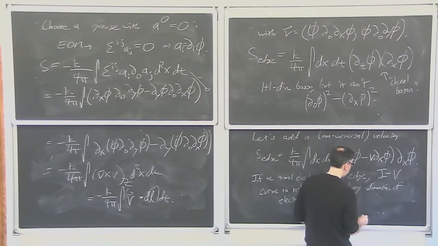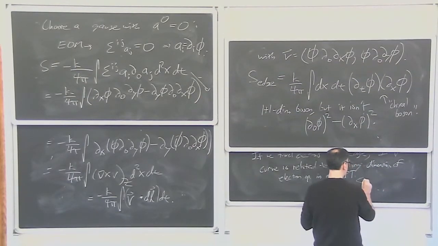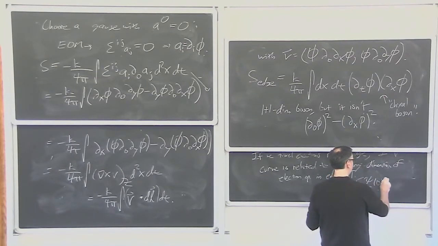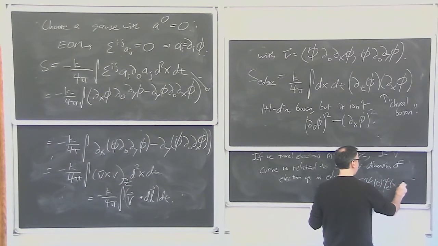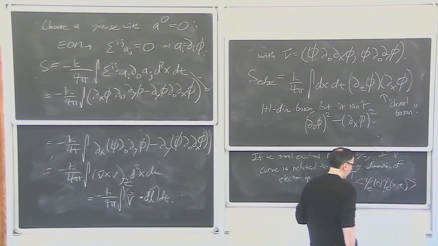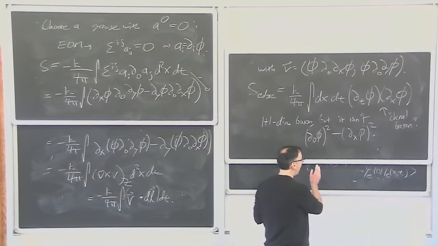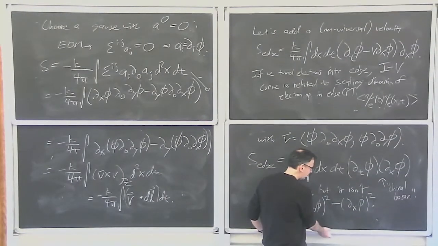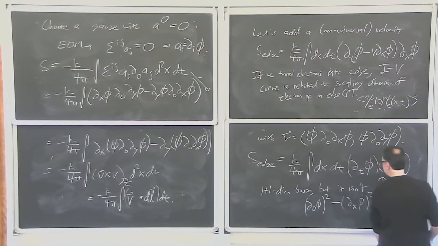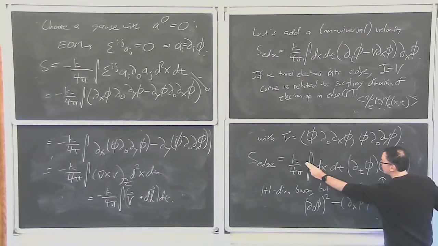In other words, it's determined by the same number we saw yesterday. If I look at psi electron of 0, psi electron of xt, that falls off as some power in xt because the edge is a scaling theory, a conformal field theory. And that power, the way that the electron scales at the edge, is only determined by k.